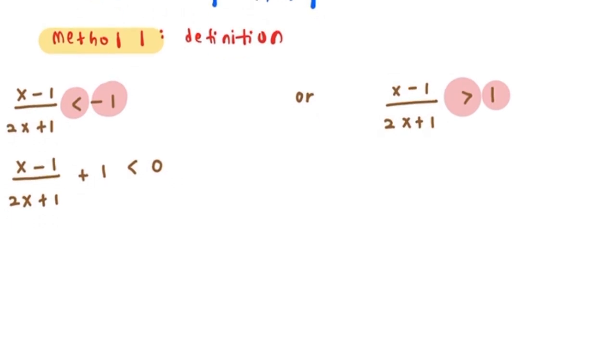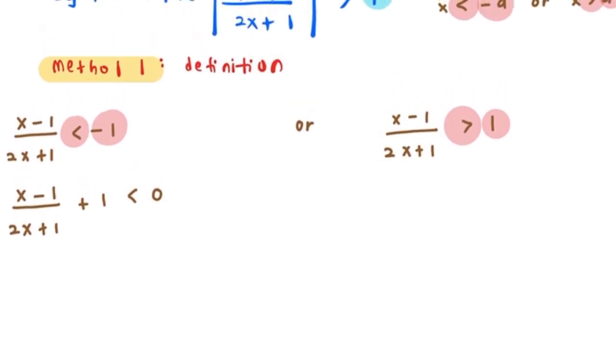And then simplify your left hand side. How to simplify? Equate the denominator. x minus 1 plus 2x plus 1 over 2x plus 1 less than 0.